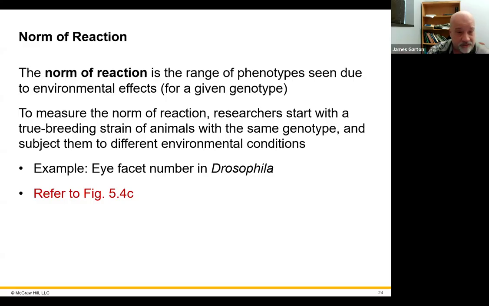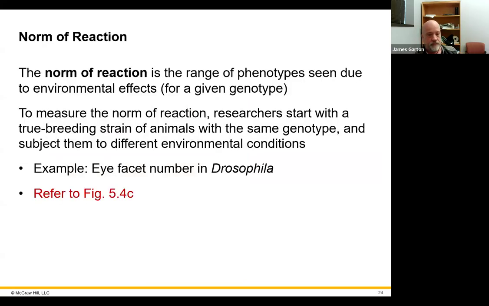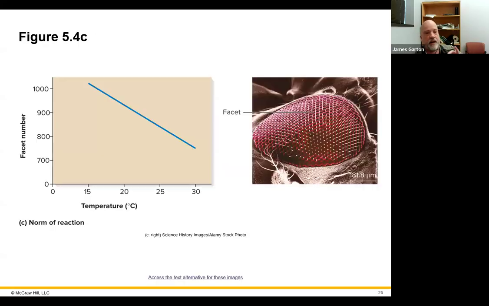And there's a variety of ways to figure this out. You need to start with a true breeding strain of organisms, and you have to breed them, and you have to raise them in different conditions. For example, fruit flies have multifaceted eyes, and so they have all these little islets that make up the compound eye of the animal.